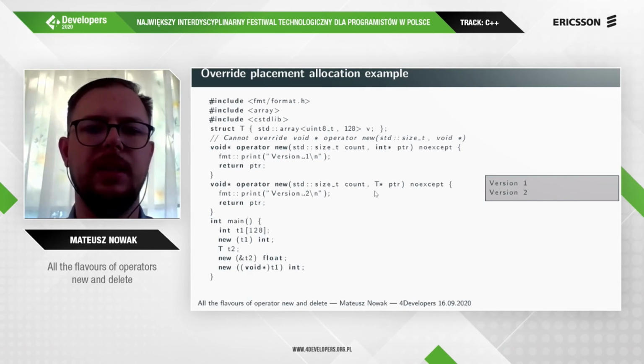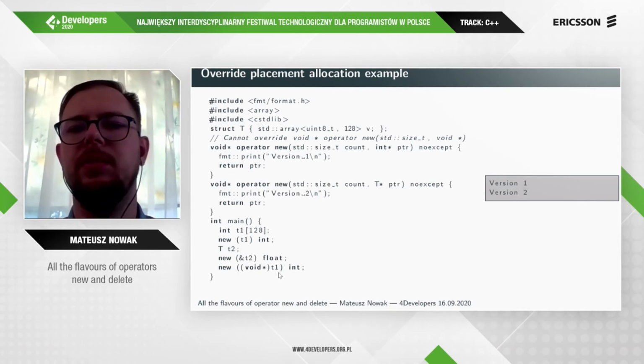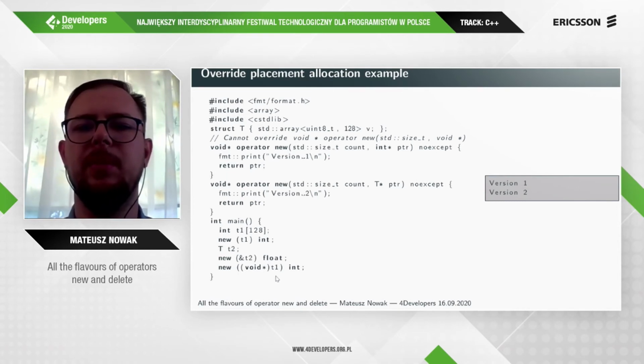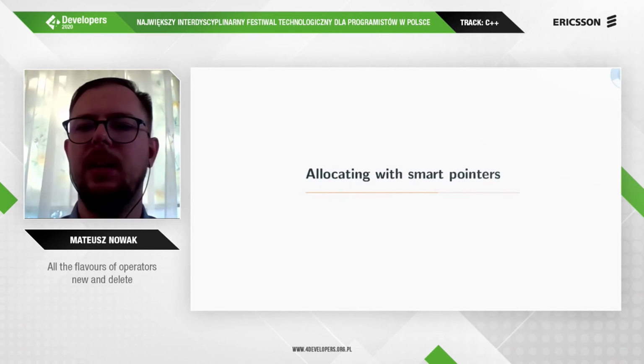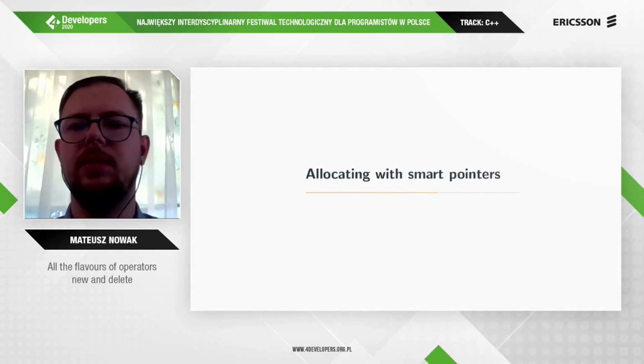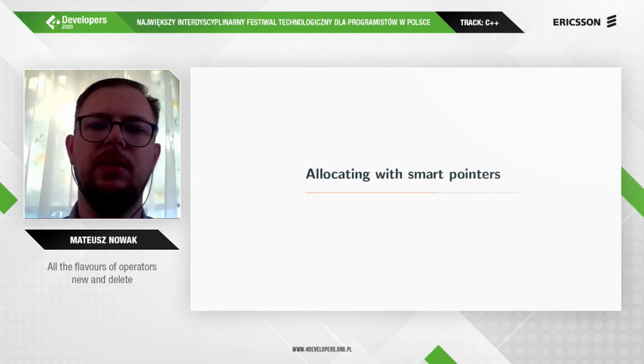So the one that has the T pointer parameter, so in place of object T. And in the third case, when we have cast the int pointer to void pointer, it is resolved to call the default placement new operator, which we cannot override.